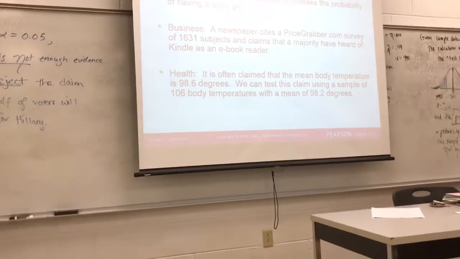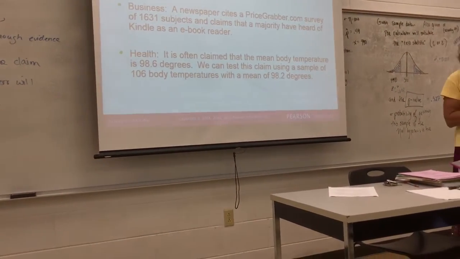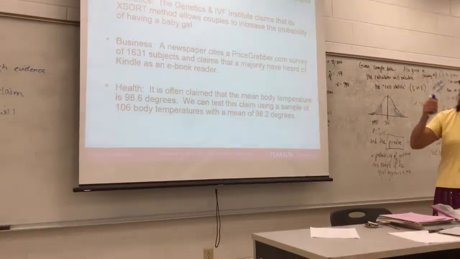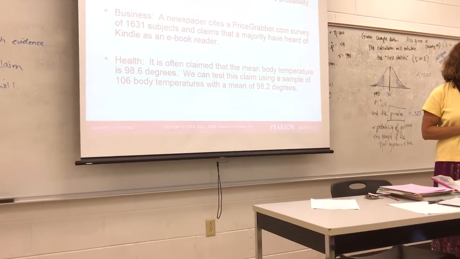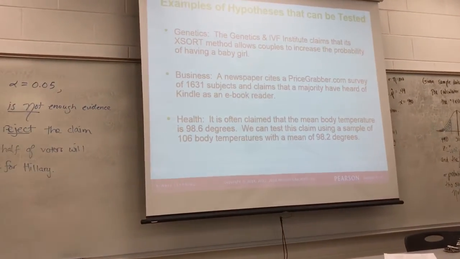So that's actually where they're claiming that the proportion of people that have a girl when they use this method is more than 50%. So that's a claim about a proportion of probability.